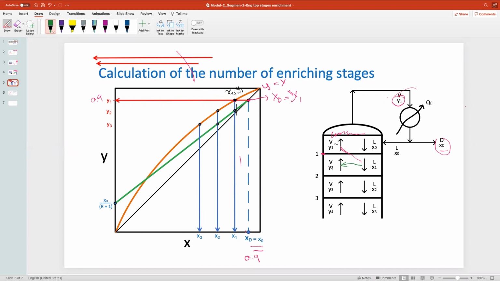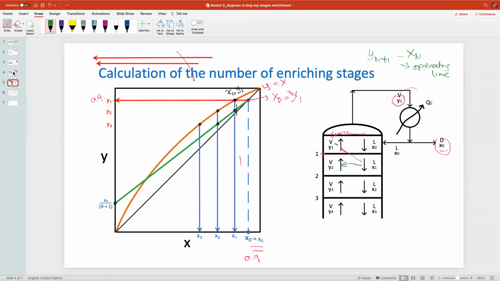Remember, the correlation horizontally is between Yn+1 and Xn. The n is different, so 2 with 1, 3 with 2, 4 with 3. We use the operating line, which is the green one.